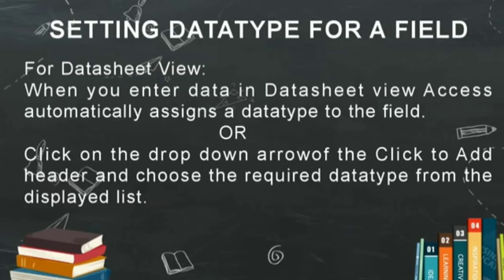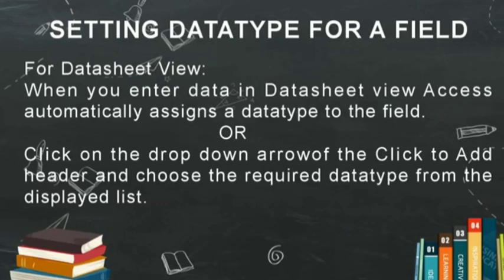That means MS Access guesses which data type it should be based upon the record you have entered. But if you want to specify data type for a field by your own self, then you will have to click on the drop down arrow of click to add header and choose the required data type from the displayed list. That is how you can set data type in datasheet view.